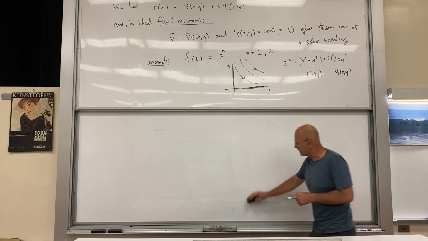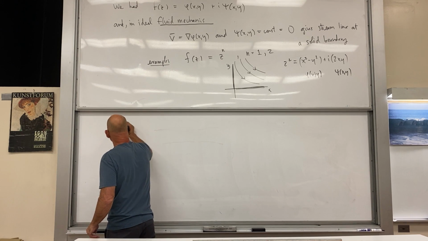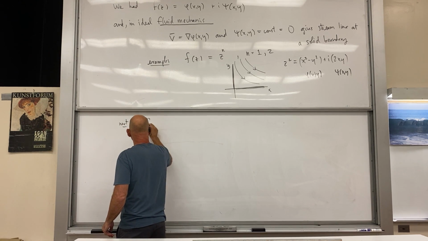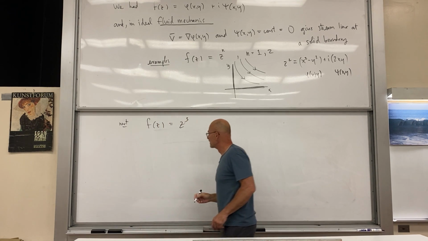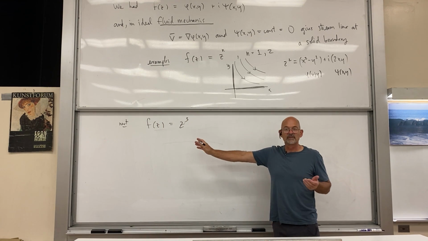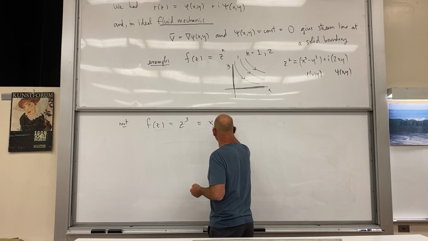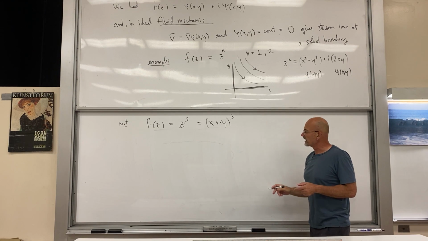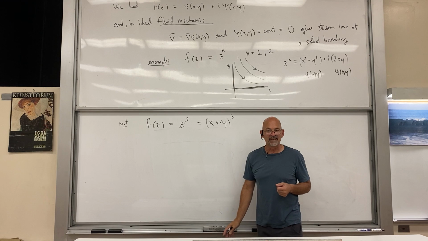So we'll pursue this problem. So next, f of z equals z cubed. And as a complex function, this is so simple, but it's x plus i y, cubed. And this one we could just still multiply out. Anything more than that's going to get very tedious.